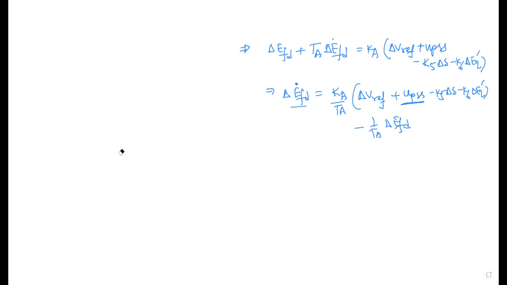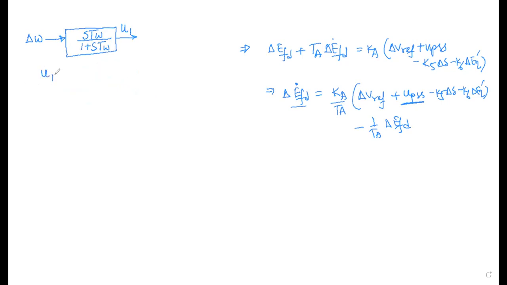Okay, next let's take the first block for the PSS. It was a washout block, and this was the transfer function STW divided by 1 plus STW, and the output here was taken as some intermediate state variable U1.